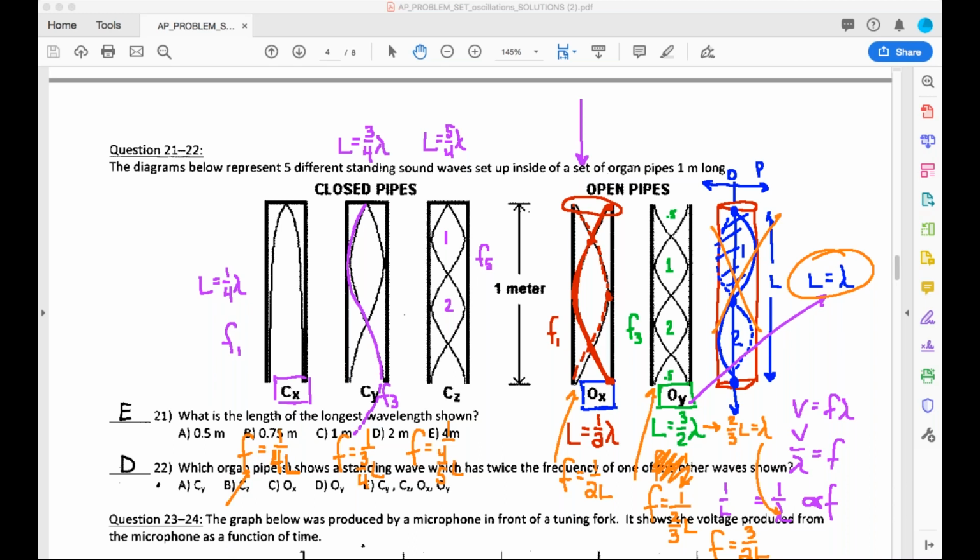And we can see that O subscript Y is twice, bear with me here for a second, twice the frequency of one of the other waves. So now I have to basically compare all of these.